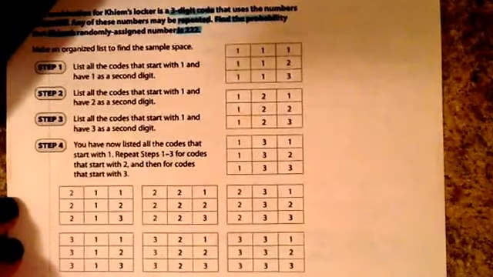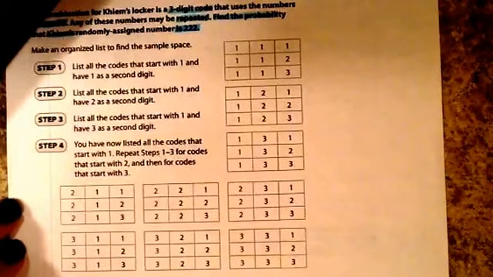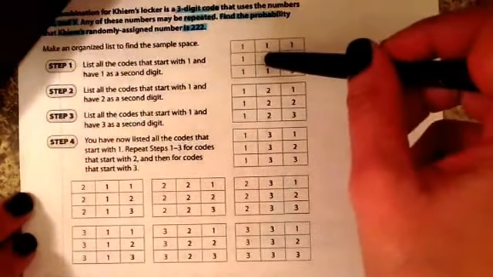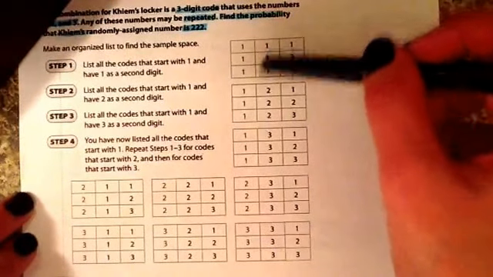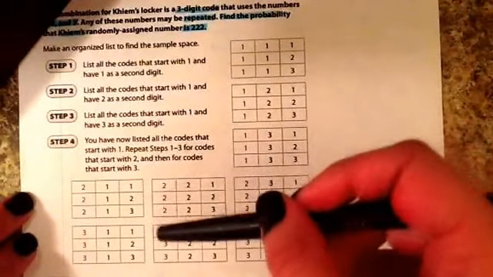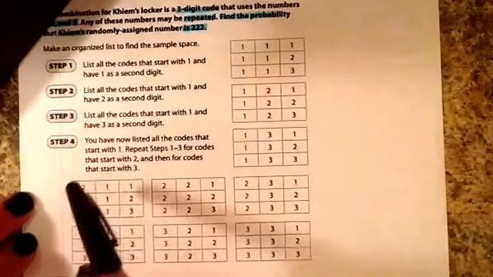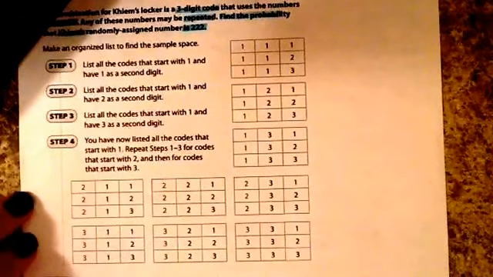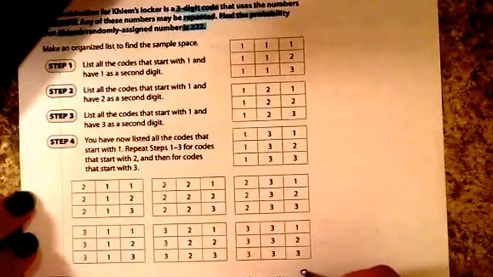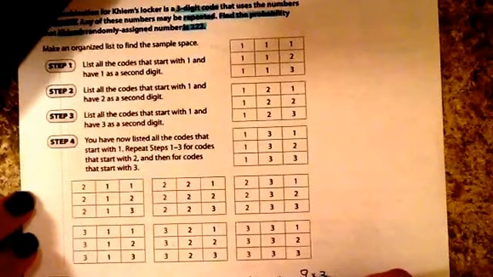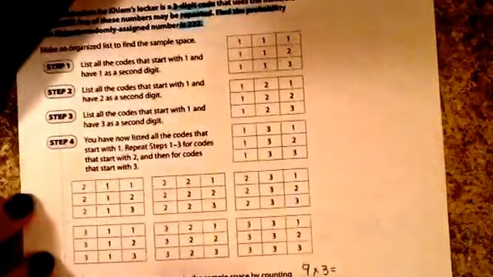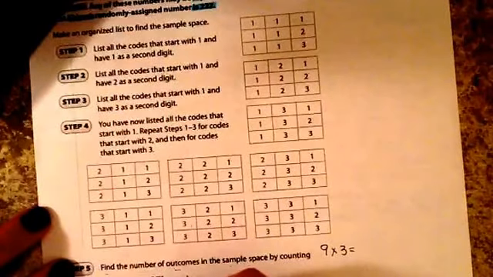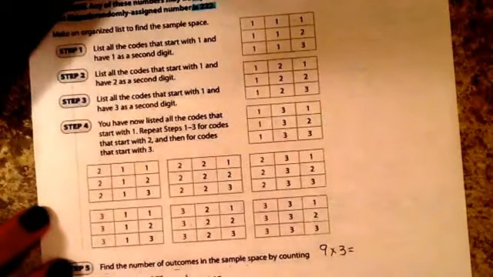So the next step, they ask us to find the number of outcomes in the sample space by counting. Well, if we count our tables, 1, 2, 3, 4, 5, 6, 7, 8, 9, and each table has 3 possibilities, well, we see that 9 times 3 would equal 27 outcomes. 27 possible outcomes.